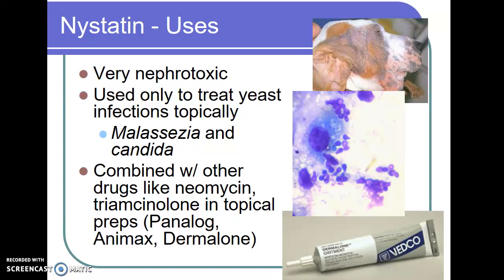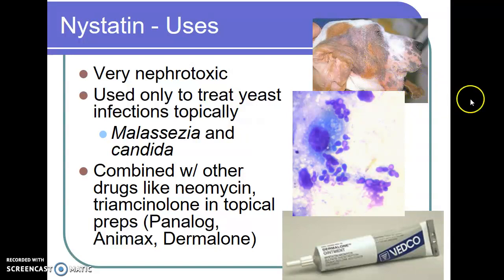Nystatin is used topically, and it's used topically because it's very nephrotoxic if we were to try to use it systemically. So we'll use it for things like malassezia and candida, and these are little yeasts here. So, yeast infections on these dogs that tend to have a lot of jowls and pendulous ears.